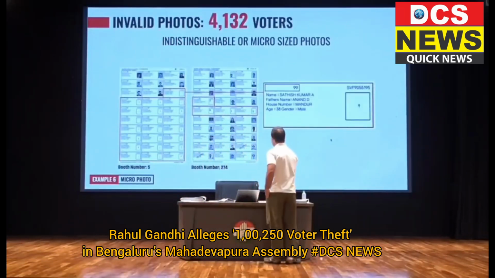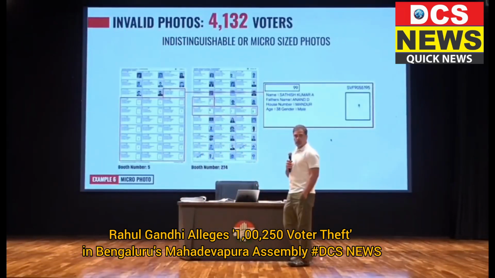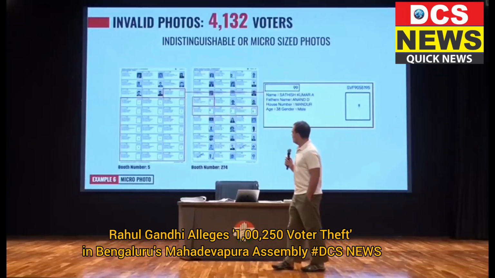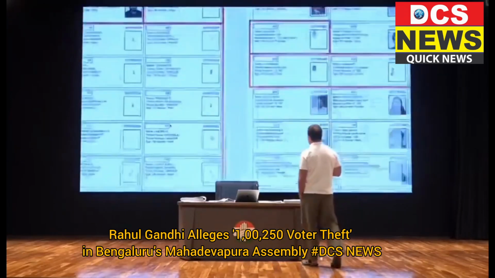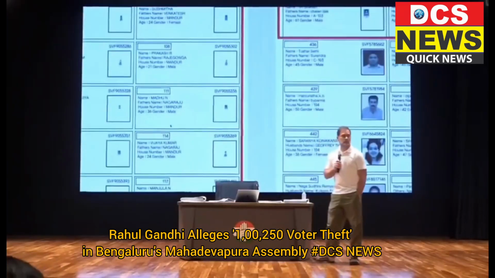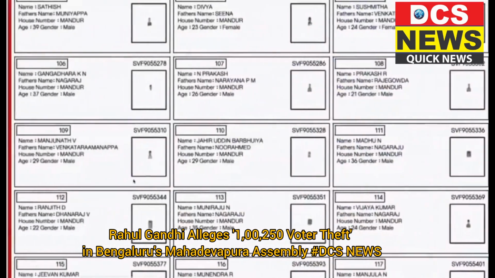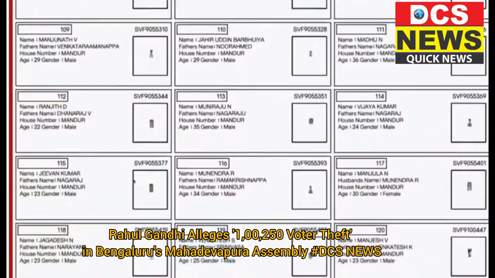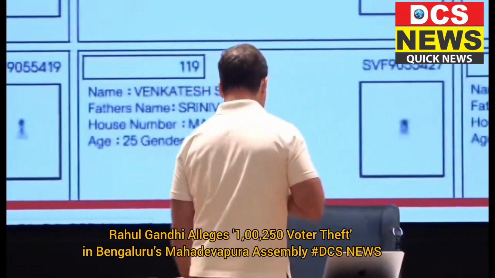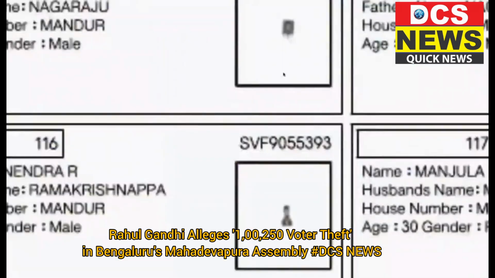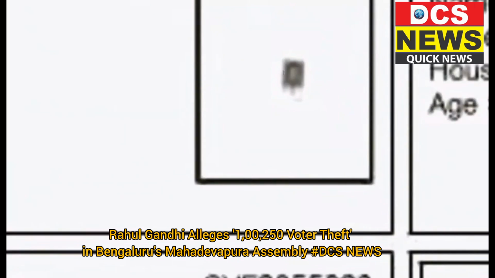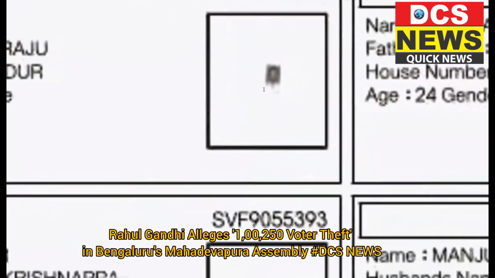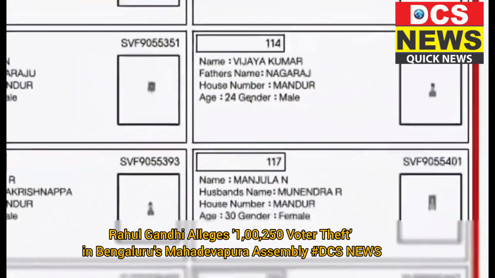Invalid photos. There are 4,000 voters. Show the photos. These are the photos. Either no photo or a photo that is so small that where did it go, brother?